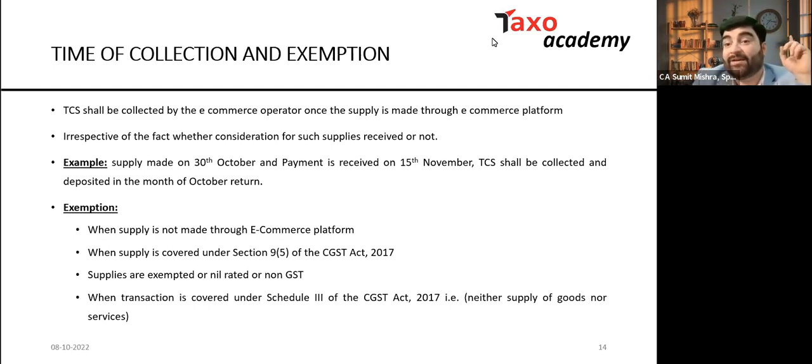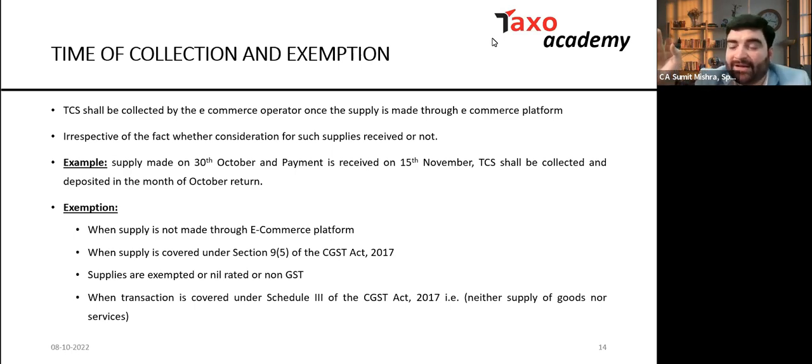In case of TDS, I said payment or credit. In this case, the transaction is important. The date of transaction is relevant. If the order is placed on 30th of October, and the e-commerce operator is taking the order on 30th of October, it means on that particular transaction, it has to collect the TCS amount and will have to show it in the return for the period of October only, not when the payment is being collected by the e-commerce operator.